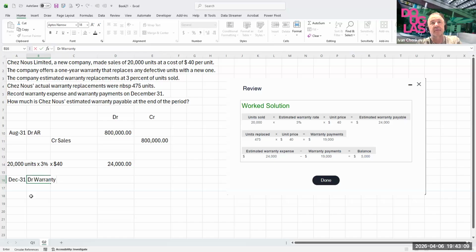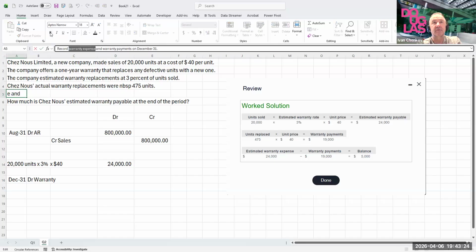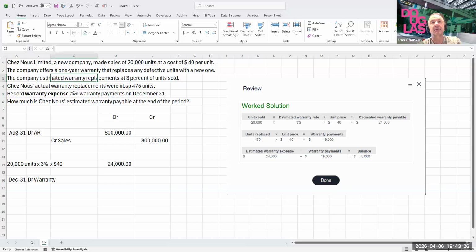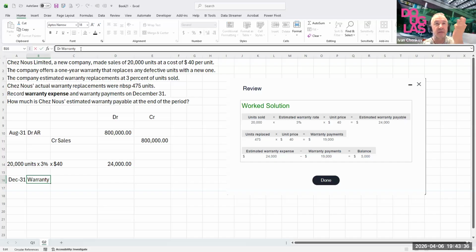If you're wondering which account to debit, it says in the question, it clearly says record warranty expenses. So which account do I have to debit? Warranty expenses. It says in the question. So don't come with this statement, I don't know which account to debit. You have to record the warranty expenses, then record it: debit warranty expenses.